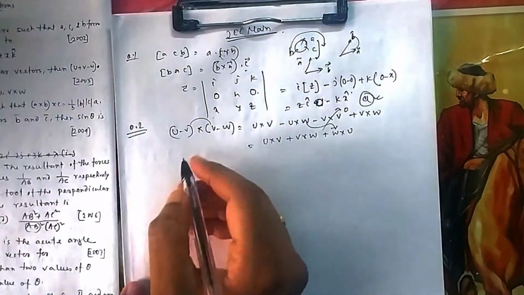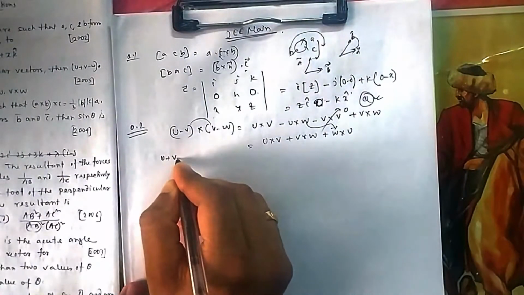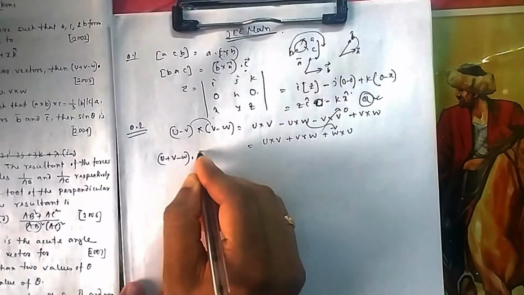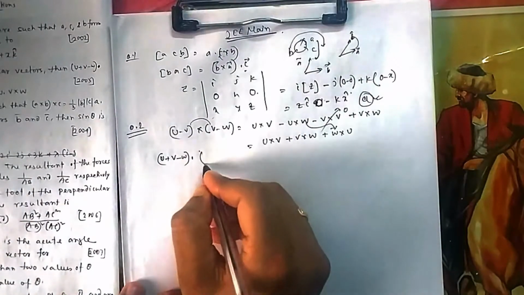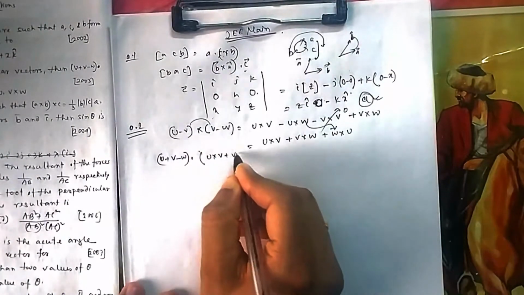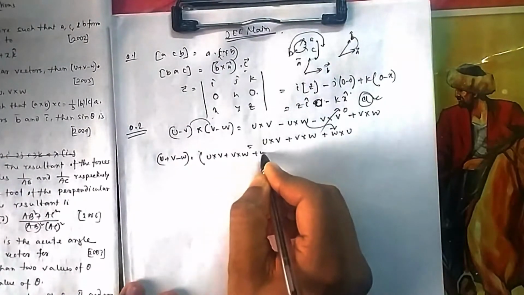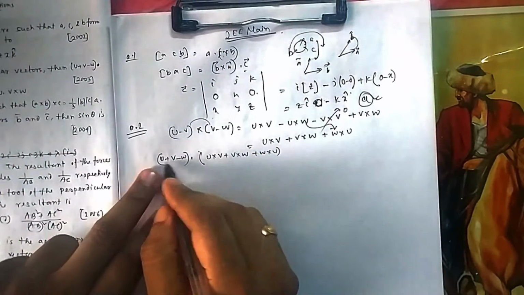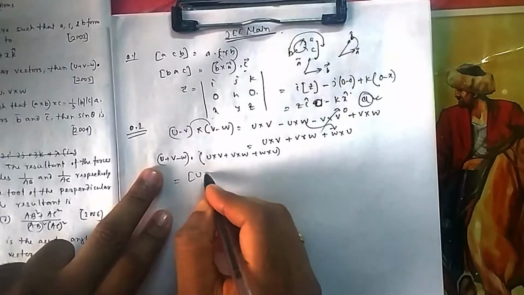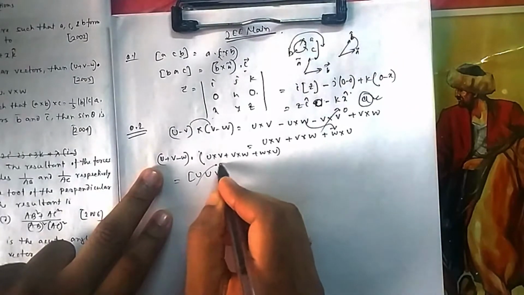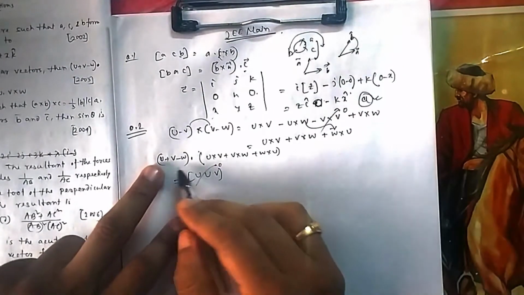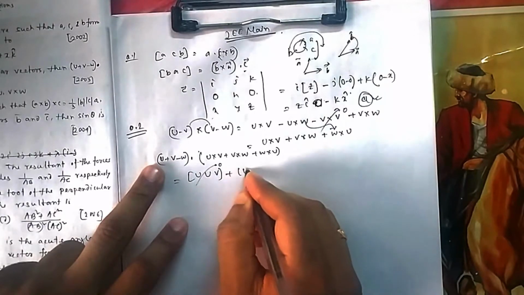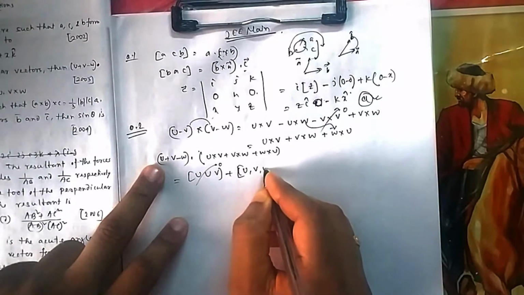So now what they have asked you to find should be dotted with all this: u cross v plus v cross w plus w cross u. If you do one by one, first the u dotted with this, it will be box u u v, which is 0, because repeating will be 0. So next one will be u v w, so that will come, box u v w.